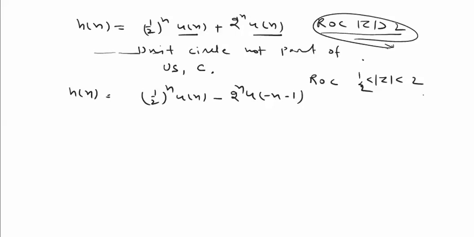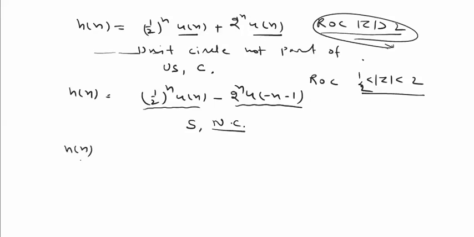In this condition, the ROC includes the unit circle, which means the system is stable. But about causality, one term is right-sided and one is left-sided, which means a non-causal system.